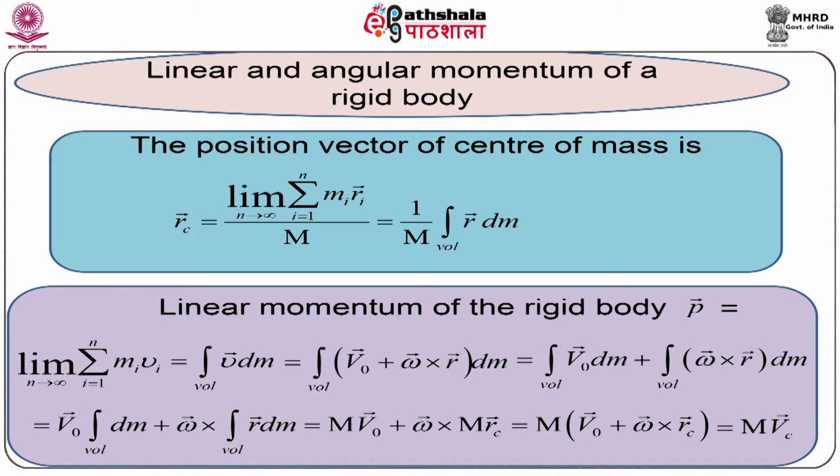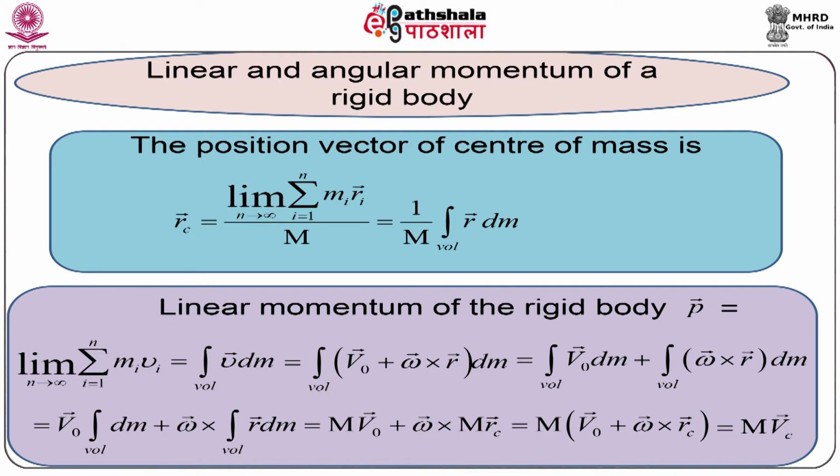If we replace this small v vector in terms of capital V_O vector and omega, we have obtained this result in the previous module, then we get this result. We have separated this term and written here. This term has been written by taking capital V_O vector out of this integral, since it is independent of integration.